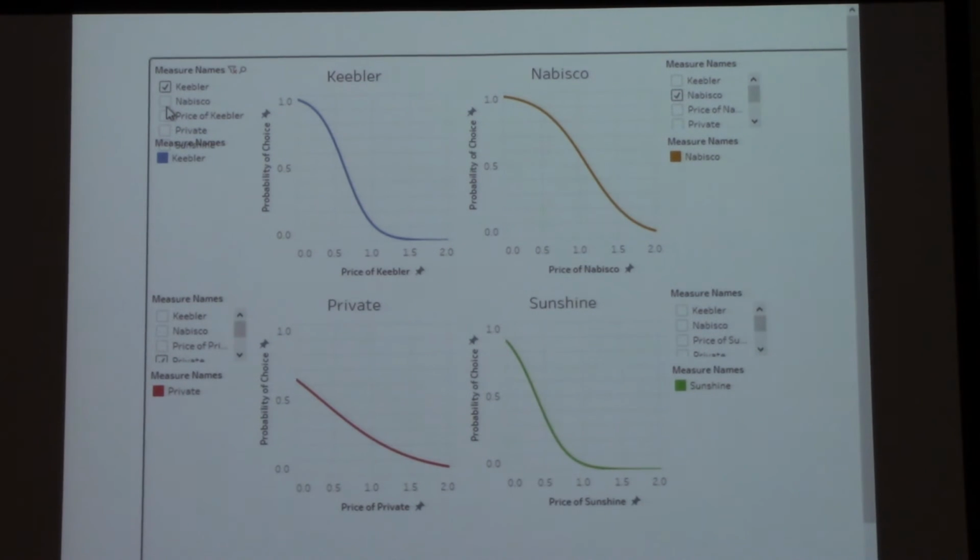And if we want to now understand the cross price effects, these are where our sales are going, right? So again, we know Keebler's going to lose sales as its price increases, but where are those sales going? And some of them are going to Nabisco, some of them are going to private label, and again I need to fix this because it's not optimized for this screen.